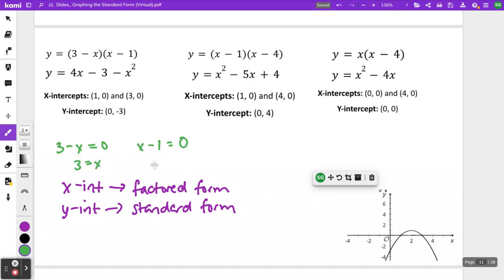Here you're adding 1 on both sides and you get x equals 1, which is why those x-intercepts are at 1 and 3. Similar here, if you set x minus 1 equal to 0 and x minus 4 equal to 0, you get a positive 1 and a positive 4. Here, x minus 4 equal to 0 gives you that 4 again. And then here, we're just setting x equal to 0. So x equals 0 means x-intercept at 0.